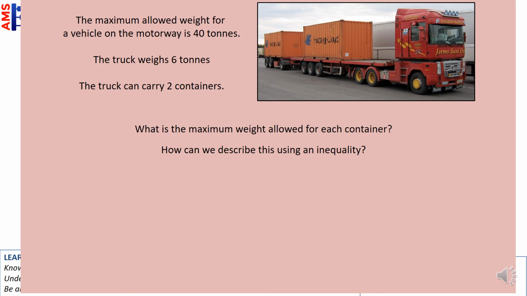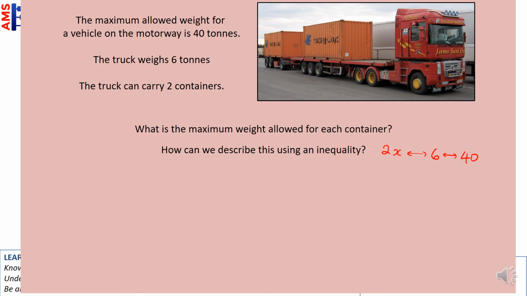So let's create the inequality. We know that the truck cannot have more than 40 tons on the motorway. We have 6 tons for the weight of the truck, and then we have containers that we don't know the weight of, so we are going to call that X, and the truck can carry 2 containers, right?